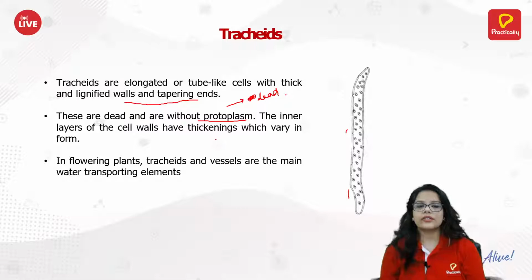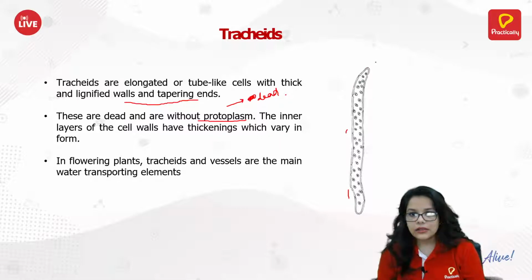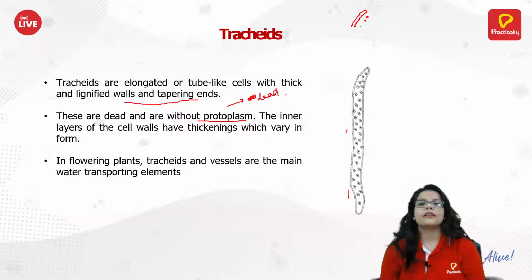The inner layer of the cell walls has thickenings which vary in form. So they are in various forms. In flowering plants, tracheids and vessels are the main water transporting elements. That is their job. They transport water.